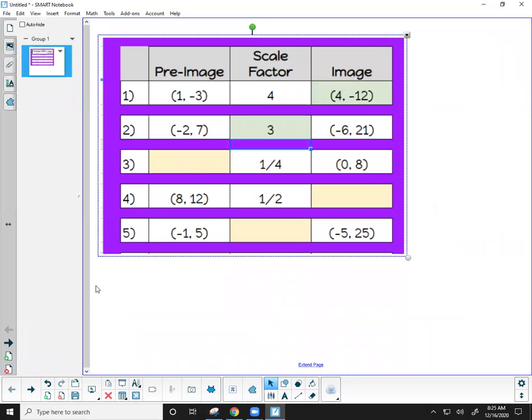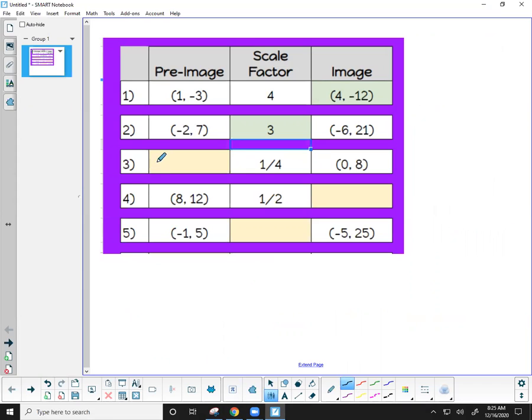All right, so for number 3, what it's really asking is, so keep in mind, we're trying to find an x and a y, right? Yeah. So x times 1/4 should equal our x term over here, which is 0. And then y times 1/4 should equal our y term over here, which is 8. So to solve each of those equations, I really just need to multiply both sides by 4.